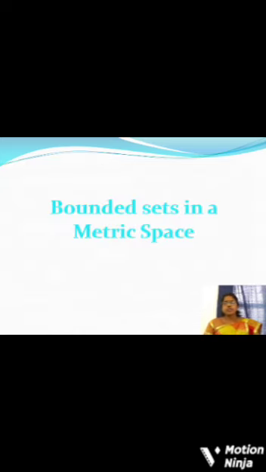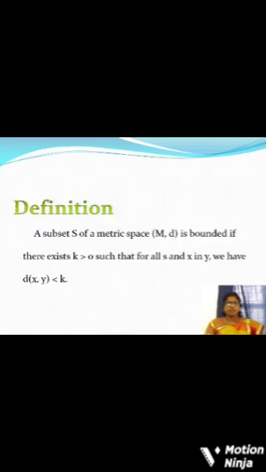Next we are going to see some important concept, that is bounded sets in a metric space. Definition. A subset S of a metric space is bounded if there exists k greater than 0 such that for all x and y in S we have d of x comma y less than k. In sequences, the boundedness corresponds to the set.